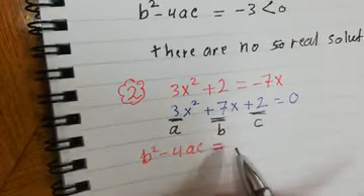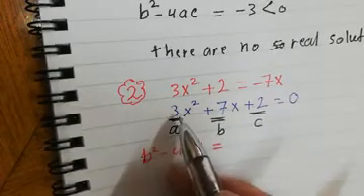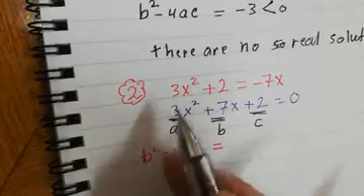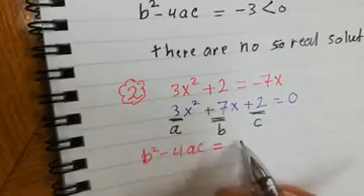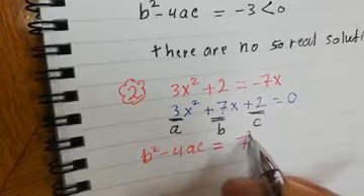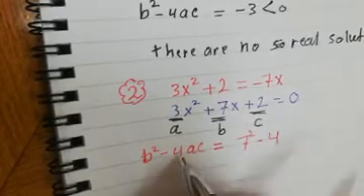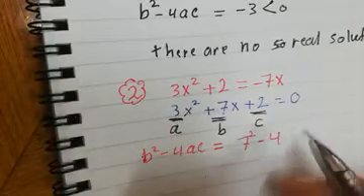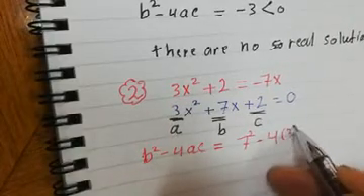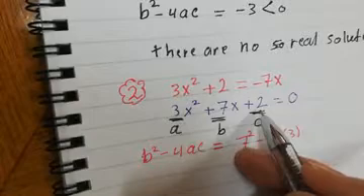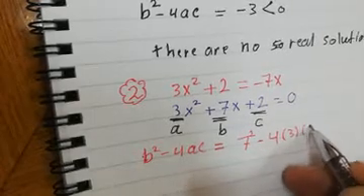It depends on the number which I will get here. So now B squared is 7 squared minus 4 multiplied by A, which is 3, multiplied by C, which is 2.